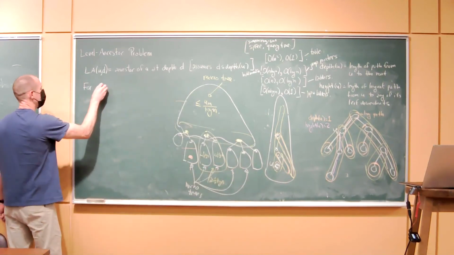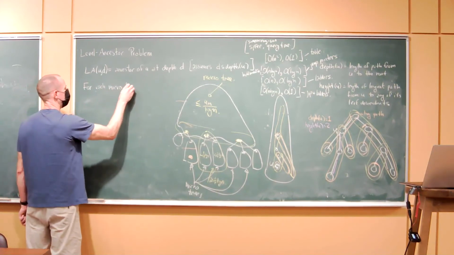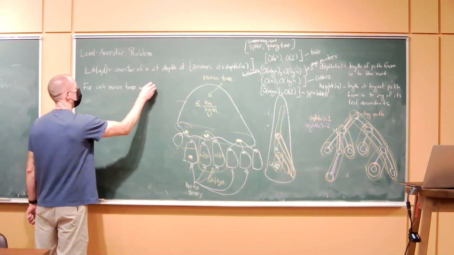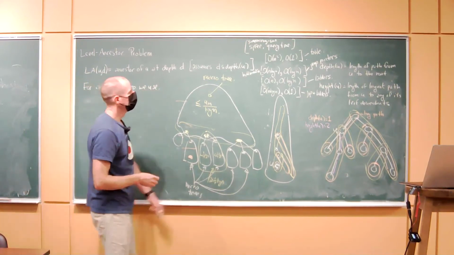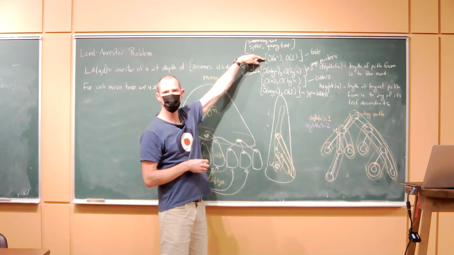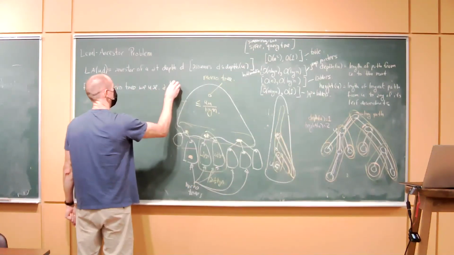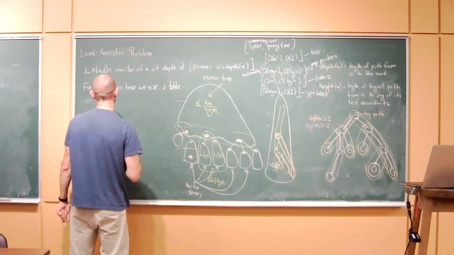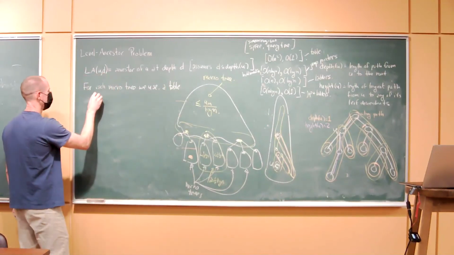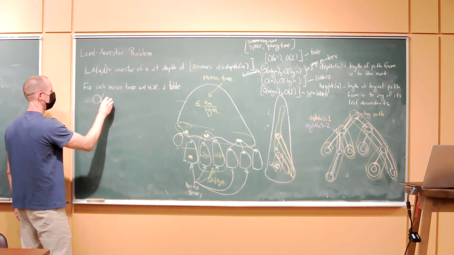So for each micro tree, we use the table solution, the stupid solution we came up with first. Right? The subtree has size at most 1/4 log n.